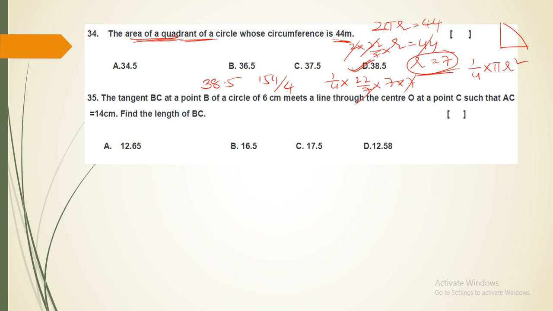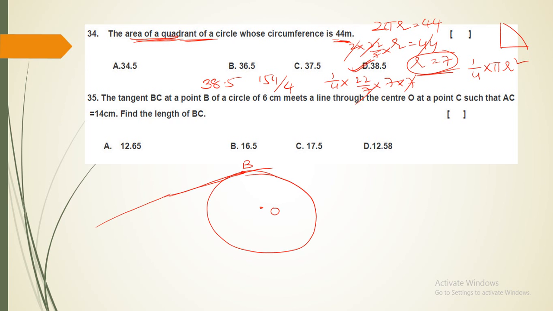Next, a tangent BC at point B of a circle of radius 6 centimeters meets a line through the center O. Now what has he given? A tangent BC is given. So there is a circle with center O, and there is a tangent BC at a point B of the circle.